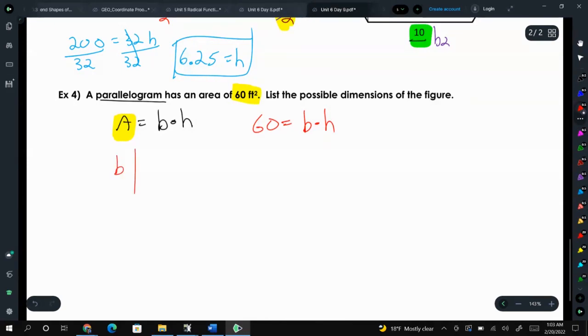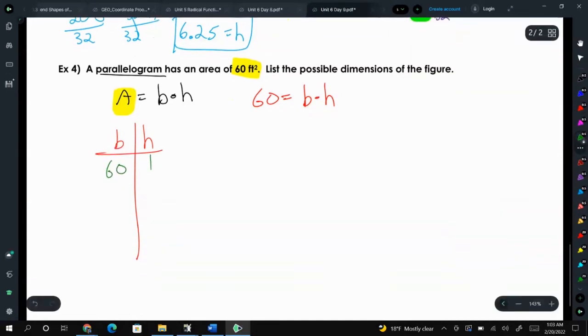let's maybe make a table, base and height. 60 and 1. 60 times 1 is 60. Now I'm not going to write this as well. Just know that we could go either way. So 60 and 1. How about 30 and 2? 15. That's right.